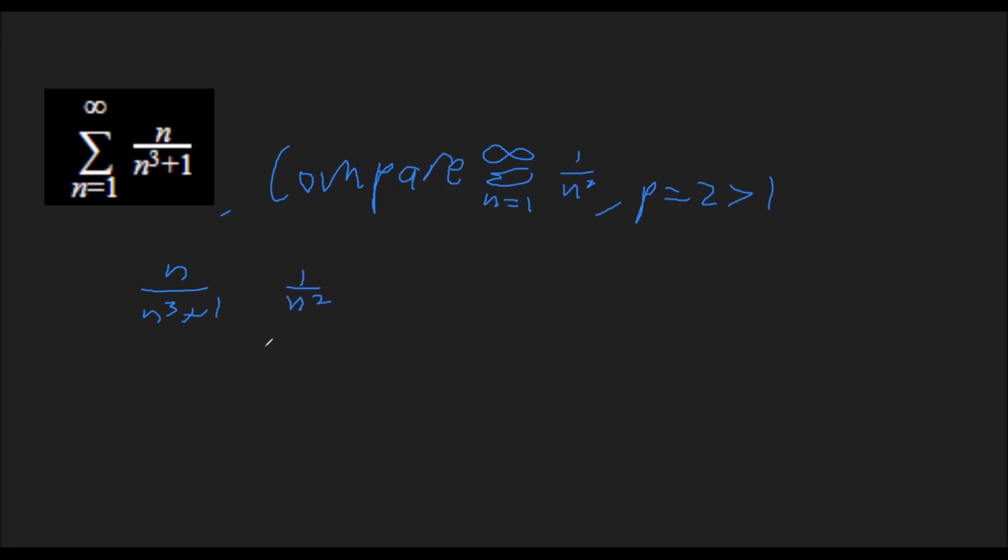This is less than this. And the reason is we are adding to the denominator, which is going to decrease the overall function. So now we know that a sub n is less than b sub n, and b sub n converges. So we know the phrase less than a convergent converges. So by that logic, this series converges.